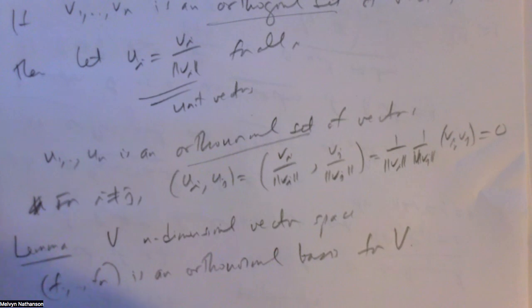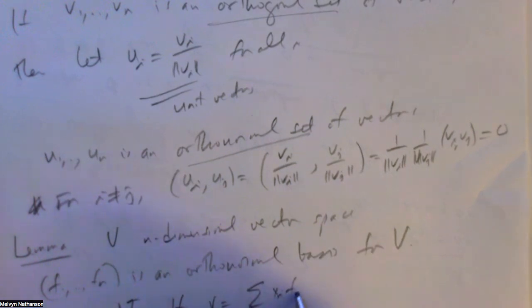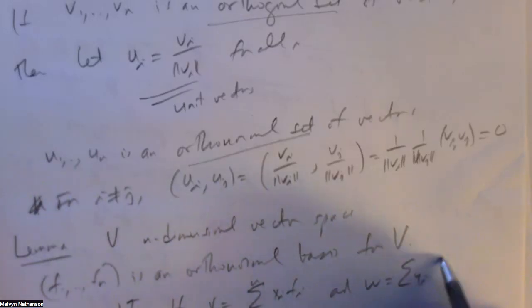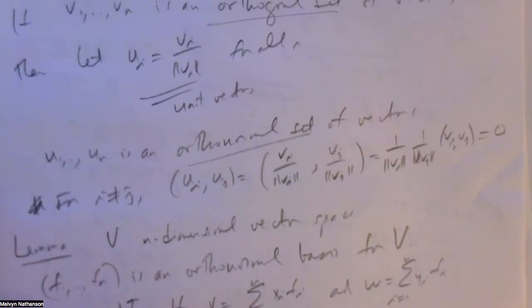Then for v and w, vectors in the vector space, if you write each of them as a linear combination of the basis vectors, so if v is summation xi fi, i goes from 1 up to n, and w is summation yi fi, i goes from 1 up to n, then the inner product of v and w is just like the standard inner product.